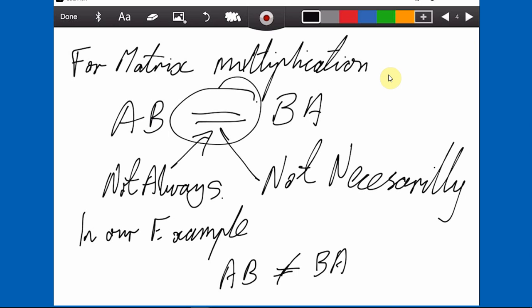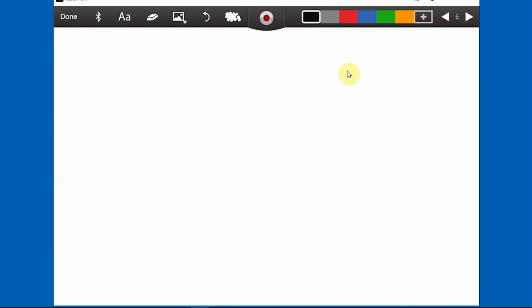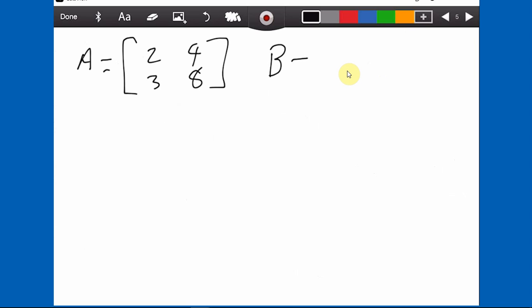And so let's have a look at the next example that I'm going to look at here. This time I've got A equaling 2, 4, 3, and 8. And I've got B, and that equals 5 and 3.